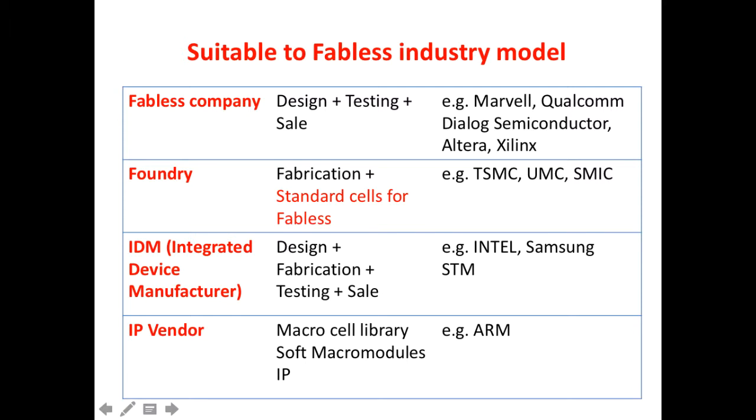And this is a significant advantage, because when a fabless company designs a chip using the standard cells provided by the foundry, it is completely sure that these standard cells will work, because they are perfectly adapted to the fabrication process of the foundry. Actually, what is happening in recent years is that the foundries also do some macro cells, not only standard cells, but also macro cells and more complex cells.